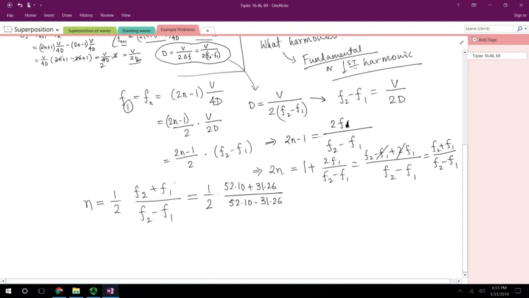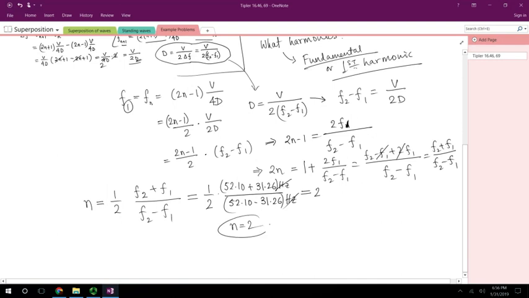And note that since both the numerator and denominator are just frequencies, we don't even have to write the units. If we did, we would have hertz in both the numerator and the denominator, and both will cancel. Right? So now if you do this calculation in your calculator, you will see that this number is equal to 2. So we found that n is equal to 2.